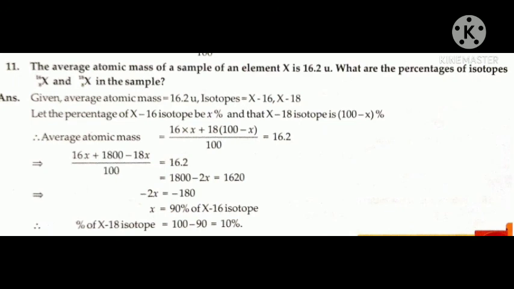So minus 2x equal to minus 180. x equal to 90% of X16 isotope. Therefore, percentage of X18 isotope is equal to 100 minus 90, which is equal to 10%.